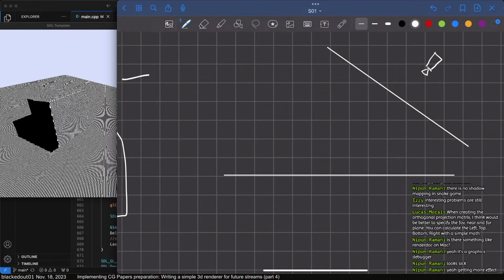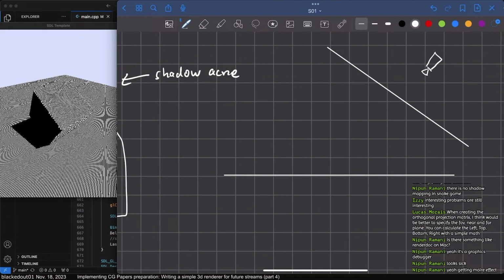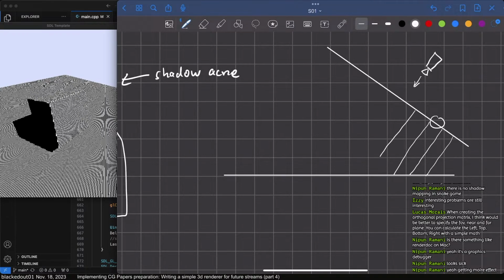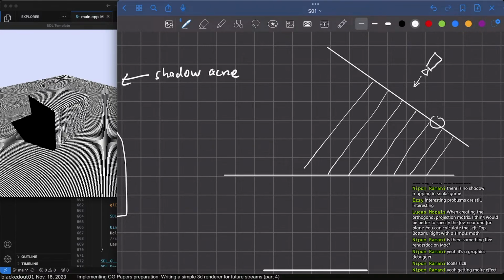So this here is shadow acne. I think that's how it's spelled. And the reason why this happens is we look at our object, and we render it into this texture here. And if we map the pixels, so basically, if this was 1 pixel of our texture, we have to map these pixels here.